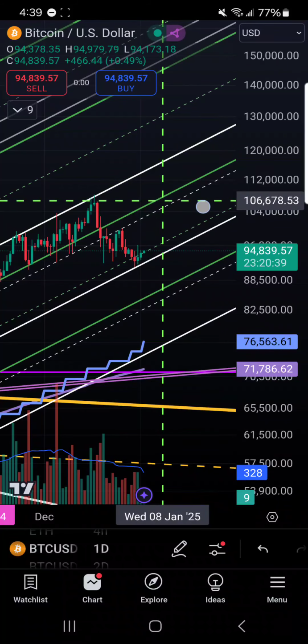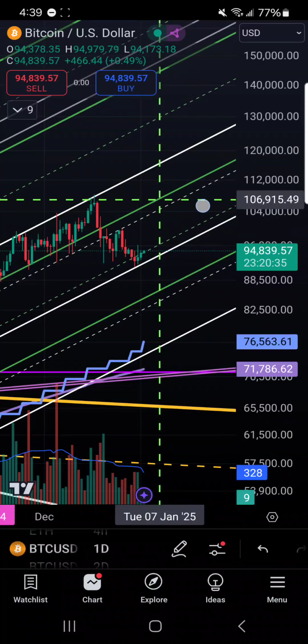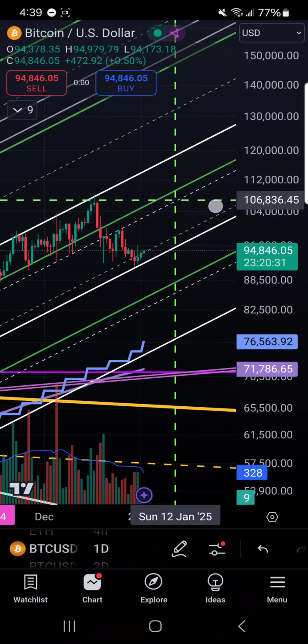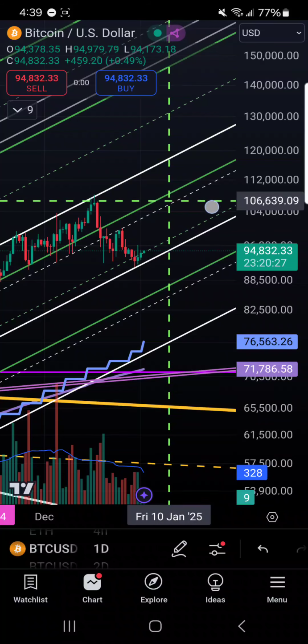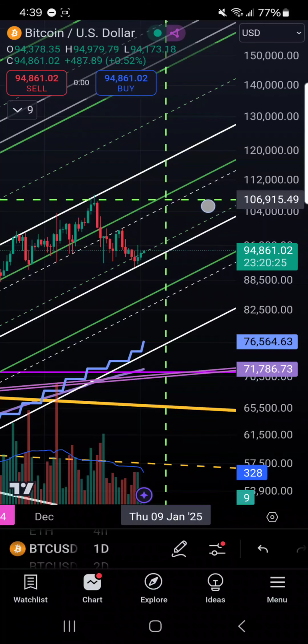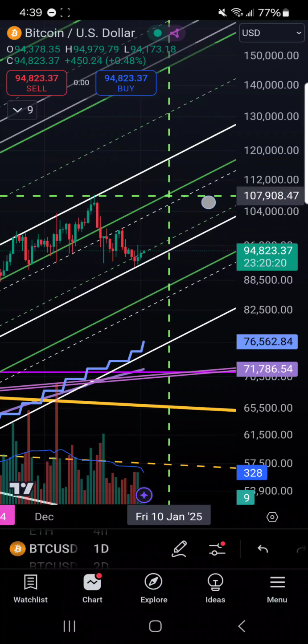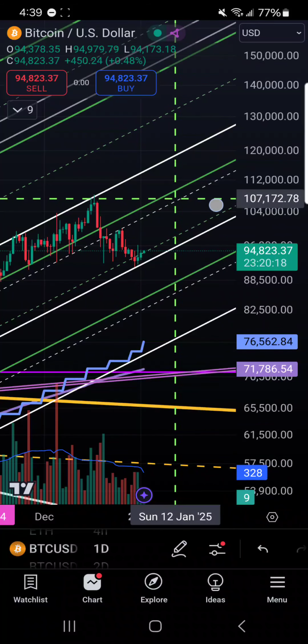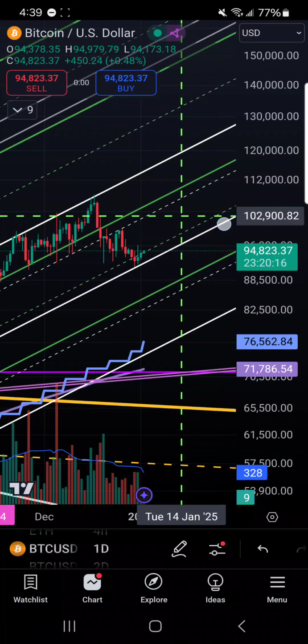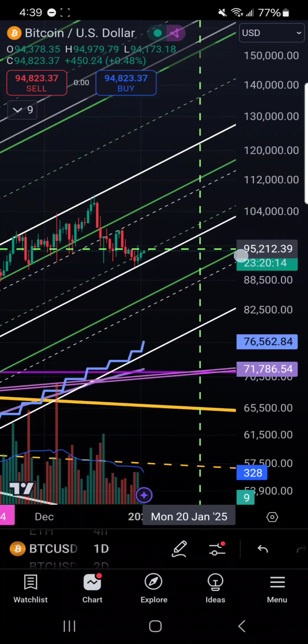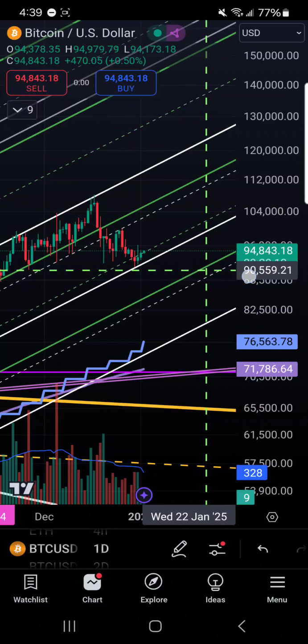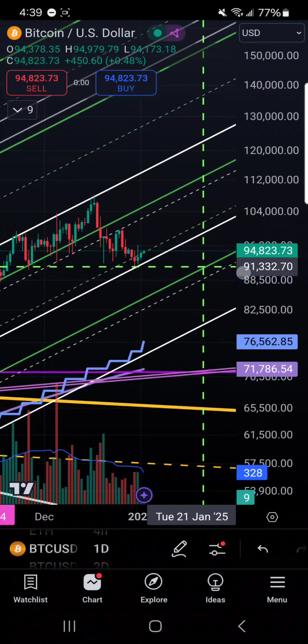So possibly anywhere from the 7th heading into the weekend of the 12th, mid to end of next week, I believe we will rally up to about 108, see a double top, and then pull back, probably down to the green line here.